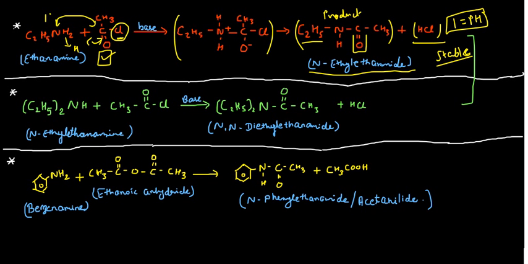We use the word ending "ide", IDE, as you can see here. It repeats wherever we have oxygen and carbon along with nitrogen, so we use the word amide in these cases.